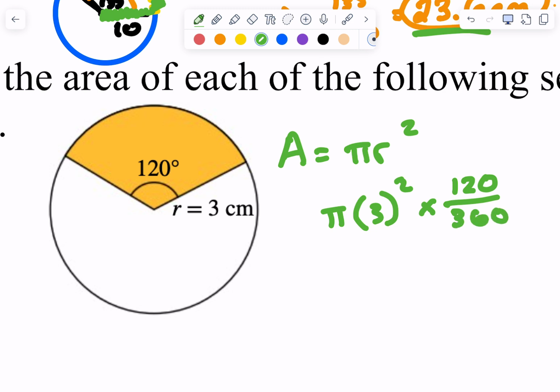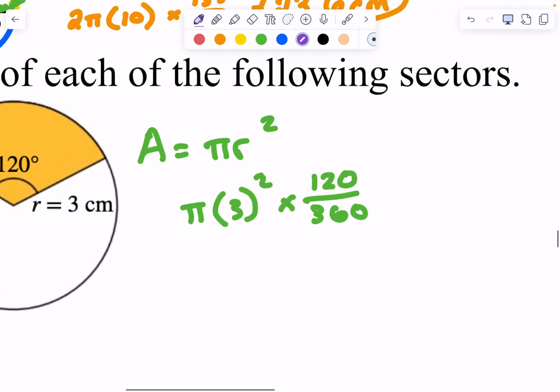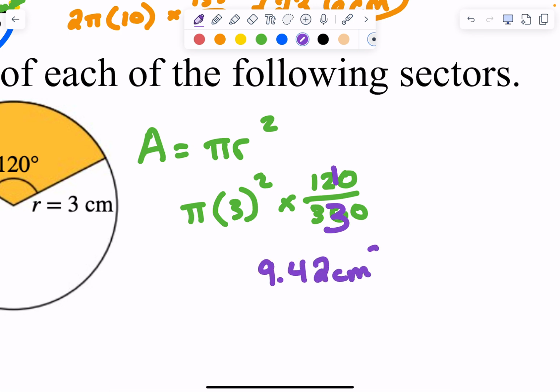If you recognize that 120 over 360 is 1/3, you could reduce, but it's not wrong if you just do 120 and 360. So, pi times 9, that's 9.42, and that is in centimeters squared. Don't forget to square it because it's area, okay?